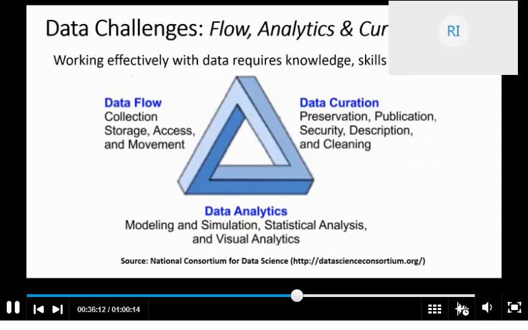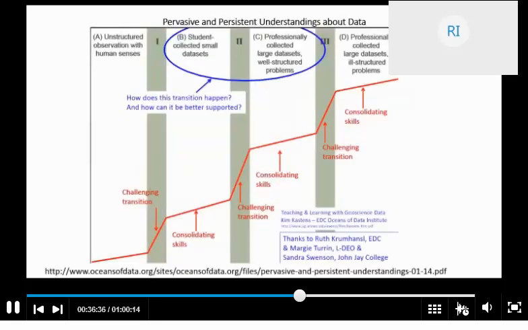So we divide it using the data challenges identified by the National Consortium for Data Science as a means to make it a more simplified approach to deliver this knowledge on computational science, because they are going to work with data.